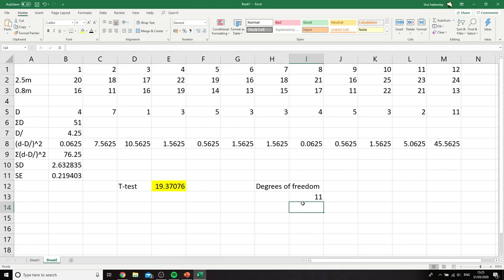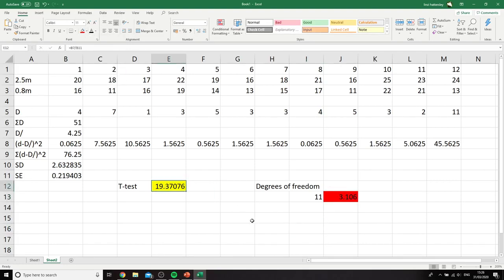That means that you are 99% confident of your value. So the critical value in that case is 3.106. So that is your critical value.